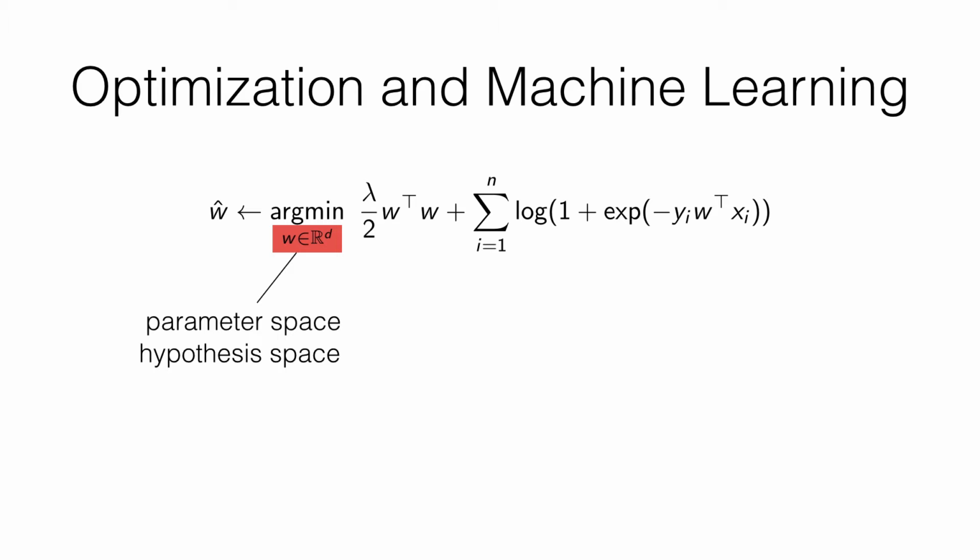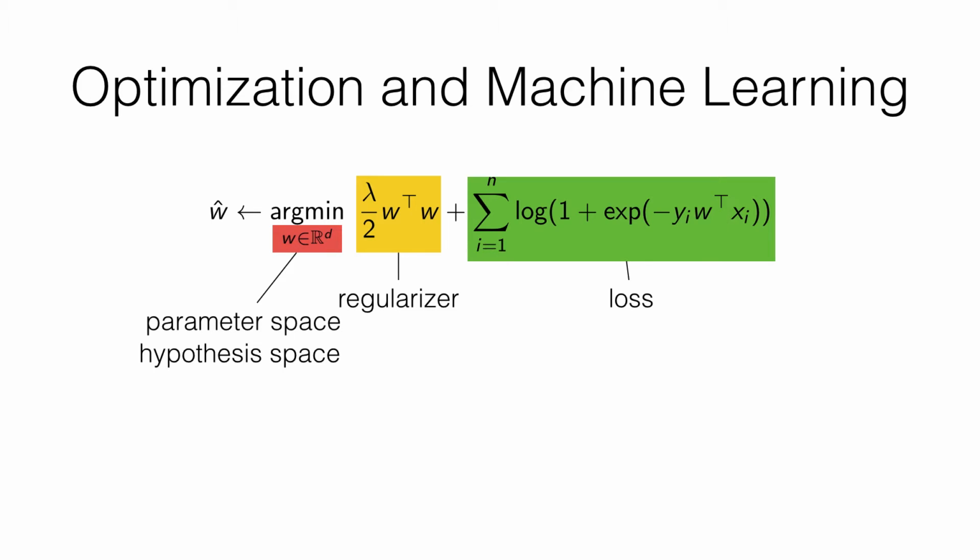And in this particular objective function, we have something that is a regularizer, and then we have something that's a loss. And this together forms the full objective function. At a high level, you can think of this as just us designing, as machine learning model designers, what is considered a good model.